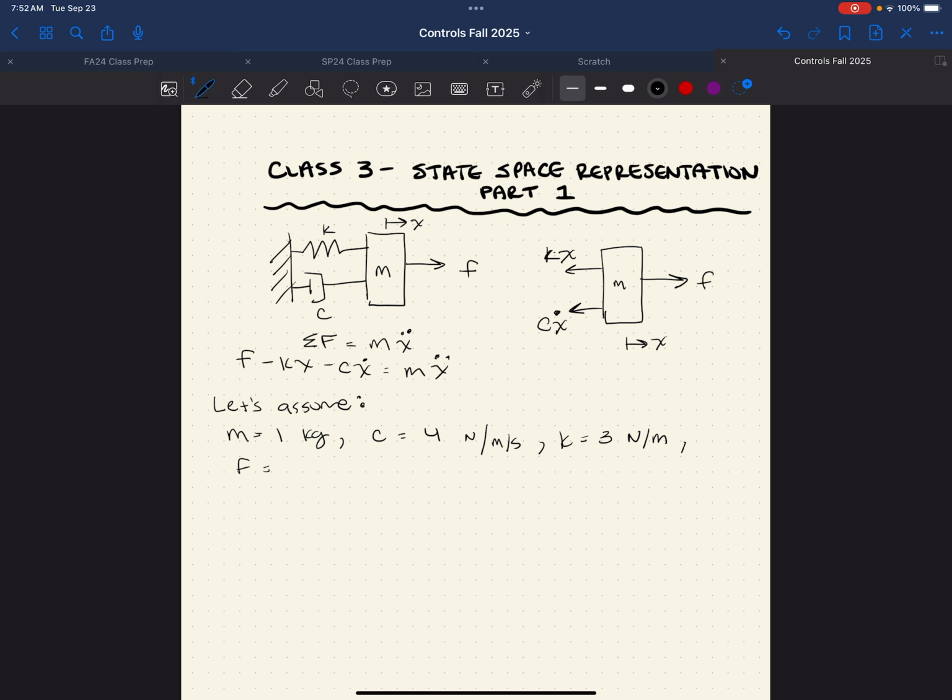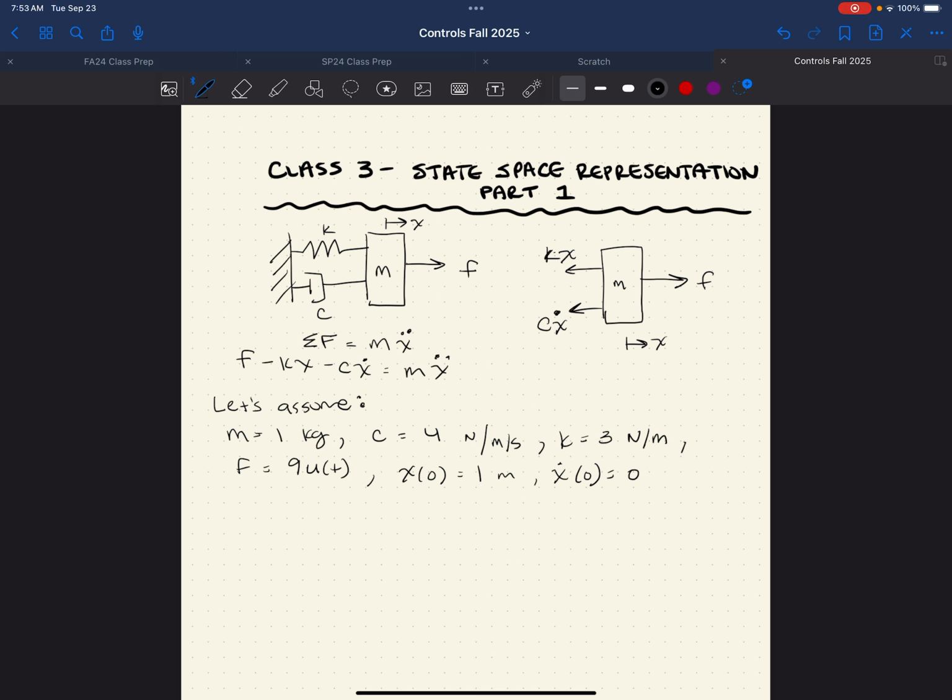F, we'll say, is some step function times 9. So instead of going up to 1 at t equals 0, it's going to go up to 9 at t equals 0. Okay, and then we'll also assume some initial conditions, that the position at time 0 is 1 meter, and the velocity at time 0 is 0.